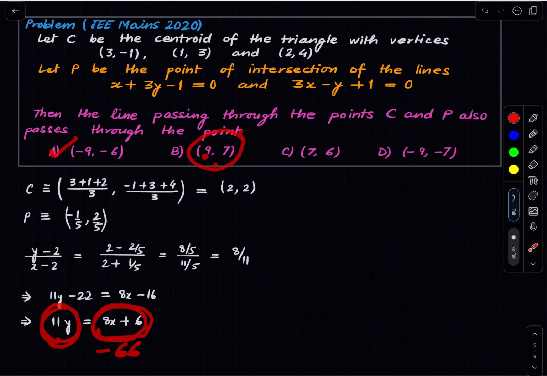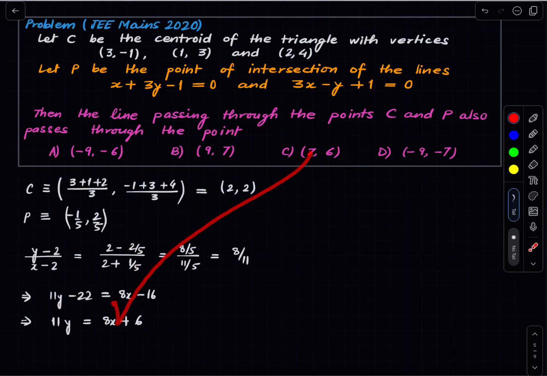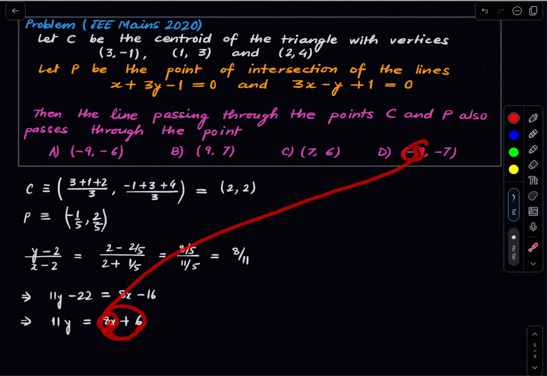I don't think so, because that would be 72 plus 6, which is 78, and that would be 77. So that doesn't work. That's 56 plus 6, which is 62, and that would be 66, so no. And that's minus 72 plus 6, which is minus 66, and that's minus 77. So only option A is the correct thing. So the answer is option A.